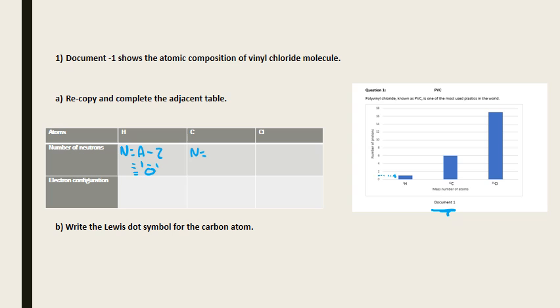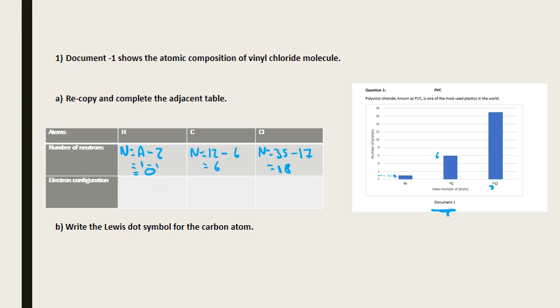So N equals A, which is 12, minus, here you can see the number of protons is 6. So 12 minus 6 is 6. And here N equals 35. Remember, we look at the mass number, which is here, minus 17, which equals 18.